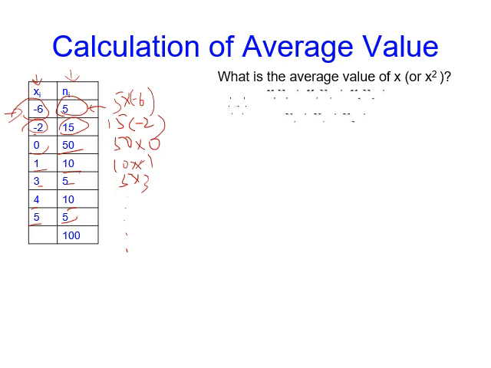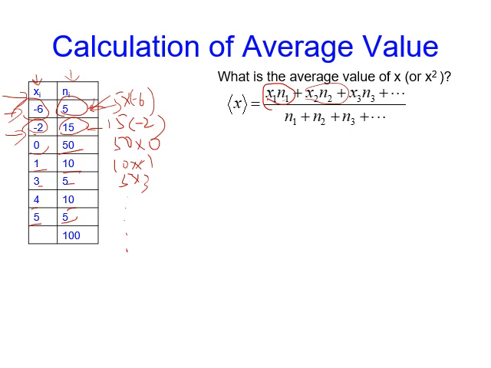You add all together, so you use x1, which is -6, times n1, which is 5, plus x2, which is -2, times 15. Then you add all these grades times the numbers of students together. This is the total grades, divided by the total number of students, and that gives you the average grade for this class.